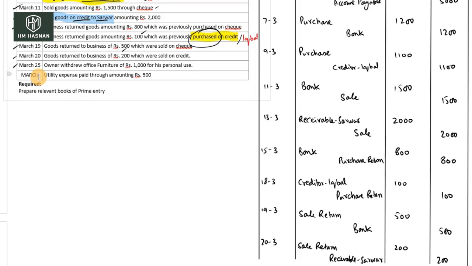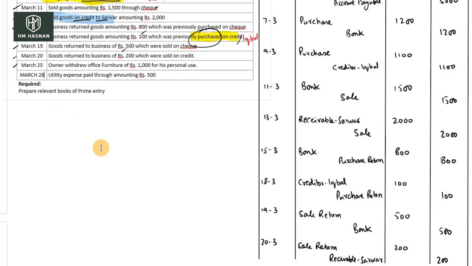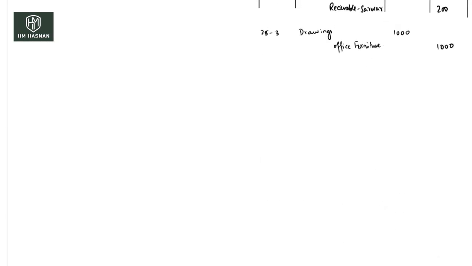So here is the last entry that we record in March. 28th March, utility expense is being paid through the check, that is 500. So we will debit the utility expense and credit the bank. So 28th March, utility expense debit and bank is credit, and the amount is rupees 500.